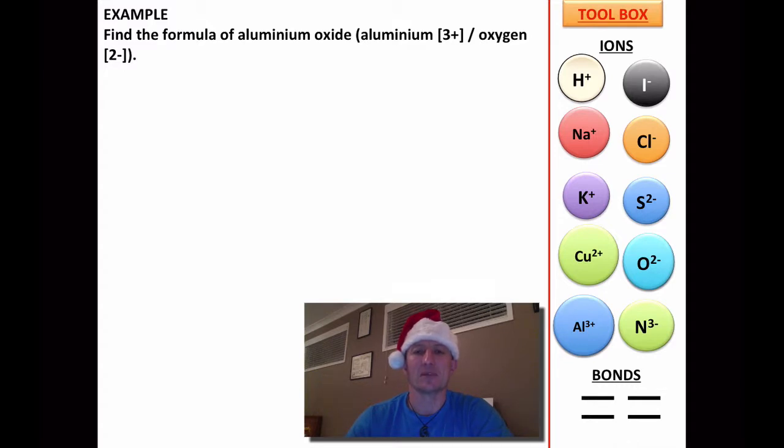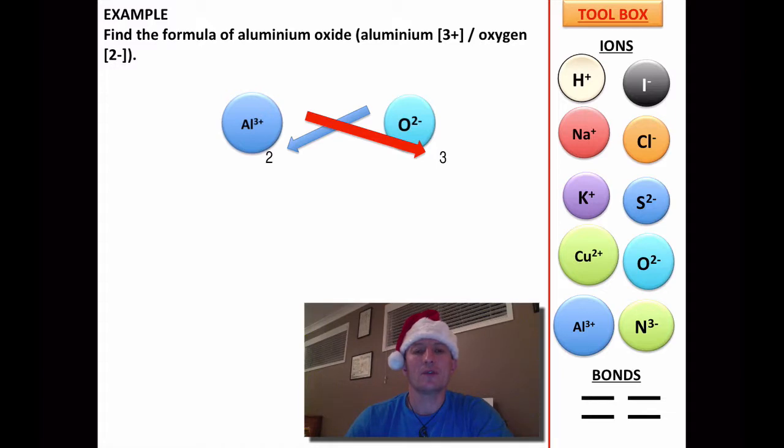It's really, really simple. So let's pull our 2 ions together. Let's have our aluminium and let's have our oxygen. Here's the clever cheat. Look at the number of the charge for each ion. For aluminium the number is 3. For oxygen the number is 2.